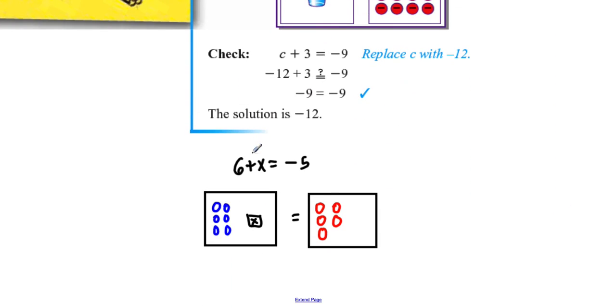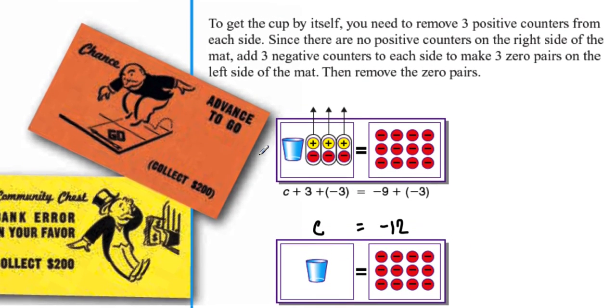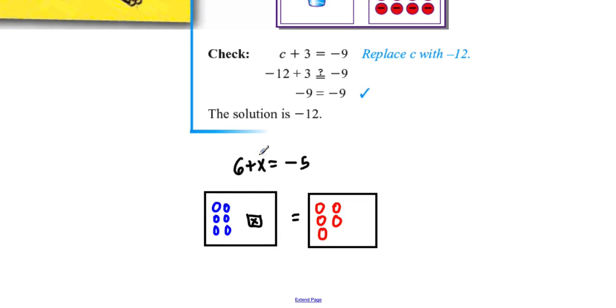So instead of taking away 6 positive counters on the right side, there are no 6 positive counters to take out, we simply add 6 negative counters on this side.